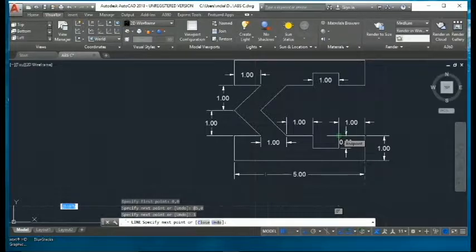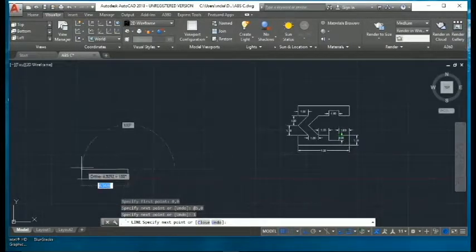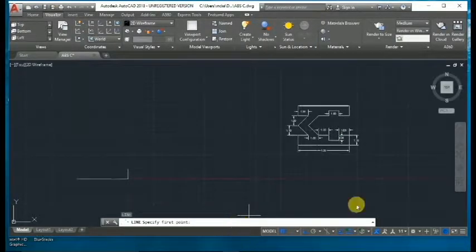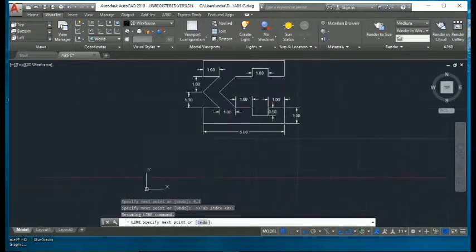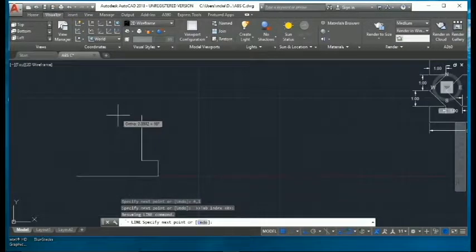This means 4, 1. And the next point is this point. The coordinate value of this point will be 4, 0.5. Let's enter 4, 0.5.